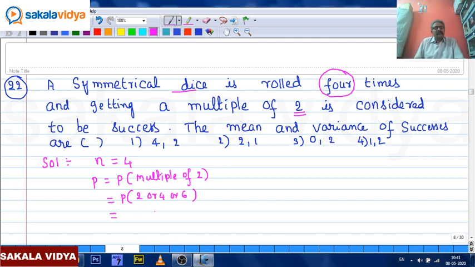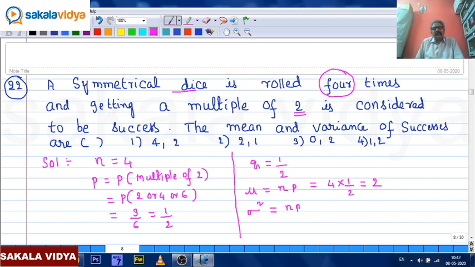Number of favorable cases by total cases, 3 by 6, that will be 1 by 2. So, now q becomes 1 minus p, 1 by 2 only. Now, mean np, n means 4 into 1 by 2, so 2. Next variance npq, already np is 2, 2 multiplied by 1 by 2. So, that will be 1. So, 2 comma 1, second option.